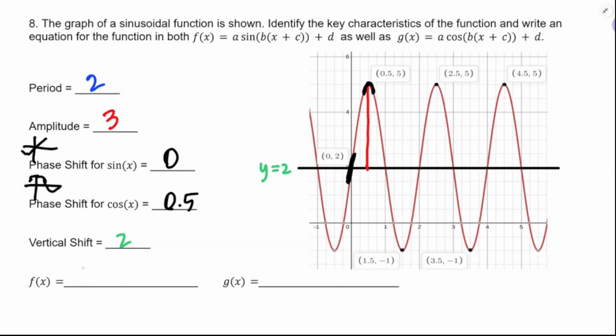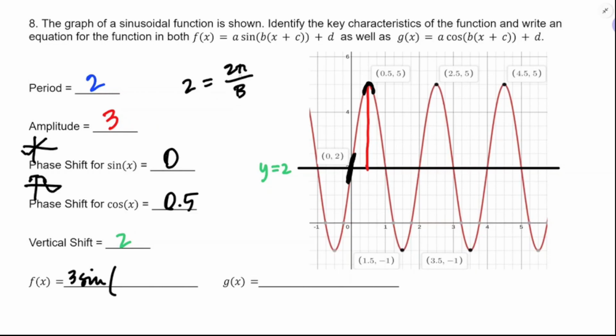And so f of x is a, which is the amplitude, 3 times the sine of b. Oh wait, yeah, it is going to be true that b is 2 pi over the period, but I really like to say period equals 2 pi over b. I think that it's one formula we want to remember, not two, even though they are kind of interchangeable.